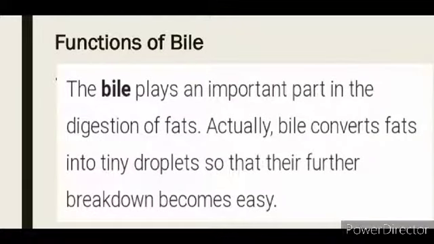Now the functions of bile include: the bile plays an important role in the digestion of fats. Actually, bile converts fat into tiny droplets so that their further breakdown becomes easy, and so that fats can be digested easily with the help of bile juice.